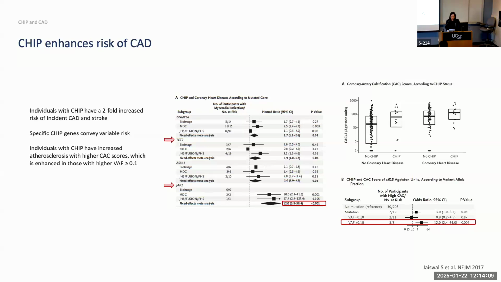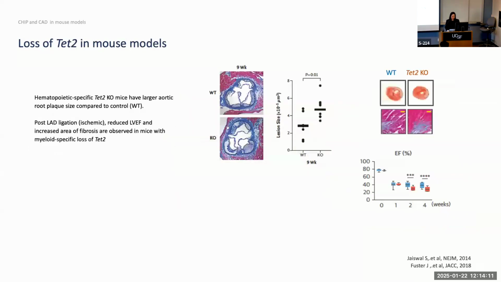Can we also see this in mouse models and show causation? And the answer is yes, we can. Mouse models nicely support our human observations and give us more evidence for causality, specifically for TET2 CHIP leading to coronary artery disease. So these are transplant mice with hematopoietic-specific loss of TET2.